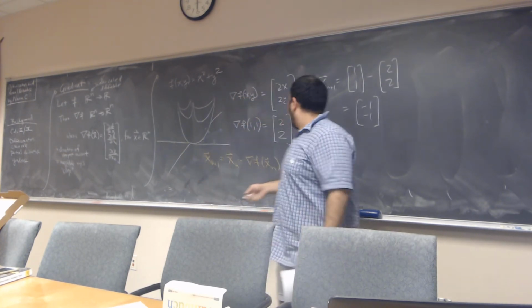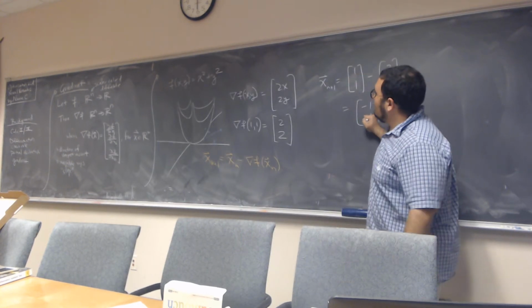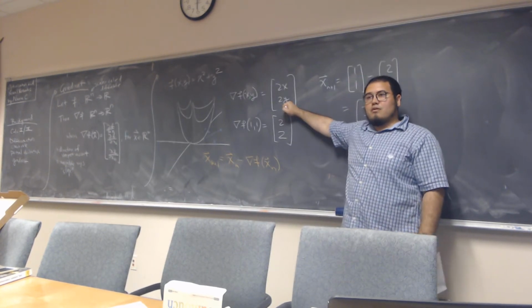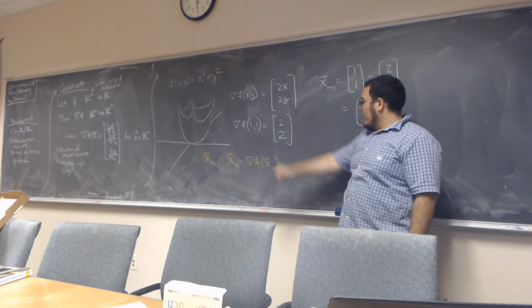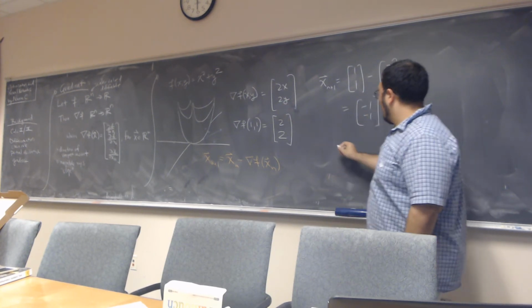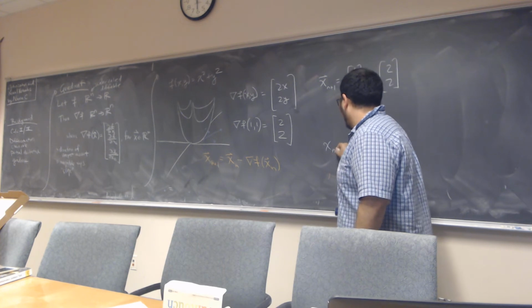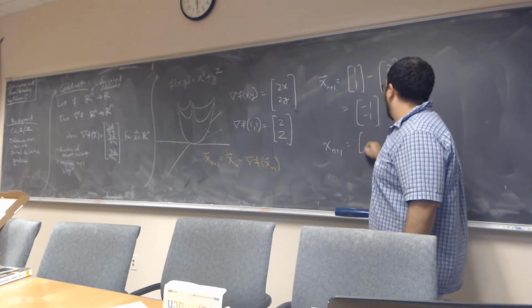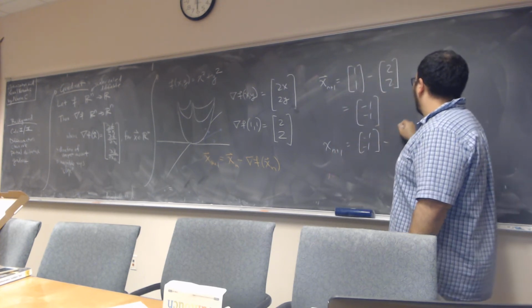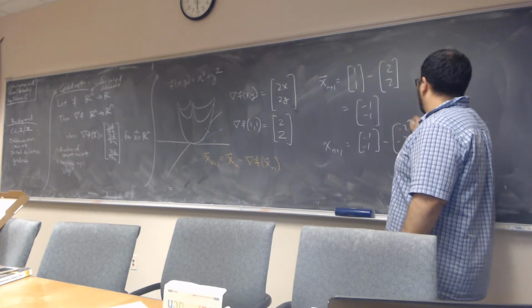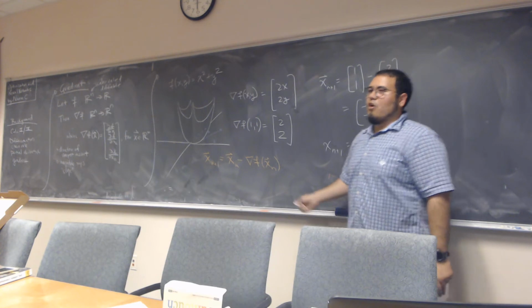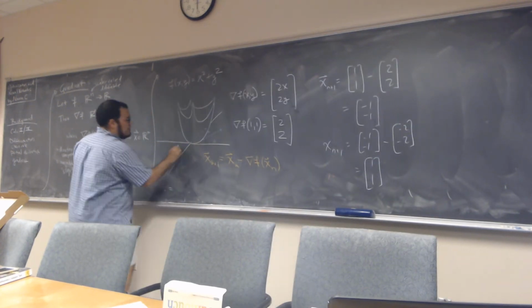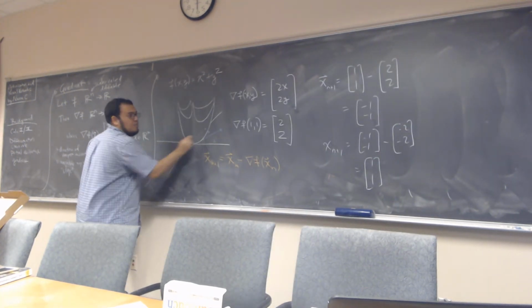So we plug -1 into our gradient, and now we get (-2, -2). If we follow our algorithm again, the next point is (-1, -1) minus (-2, -2), and we're going to get (1, 1). So all we did was bounce back and forth between these two points.